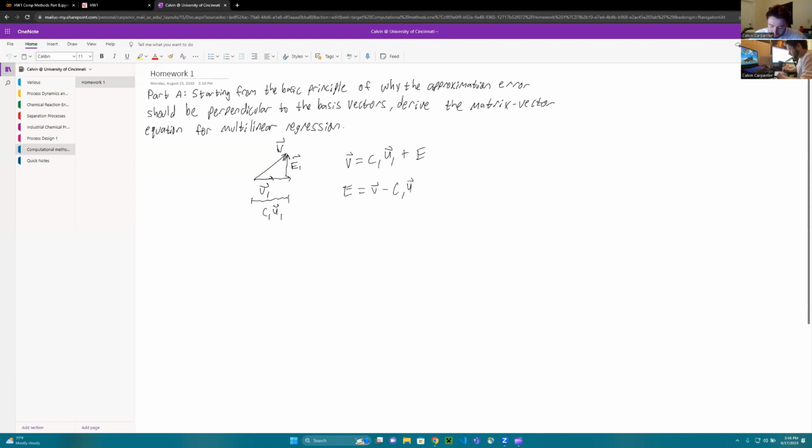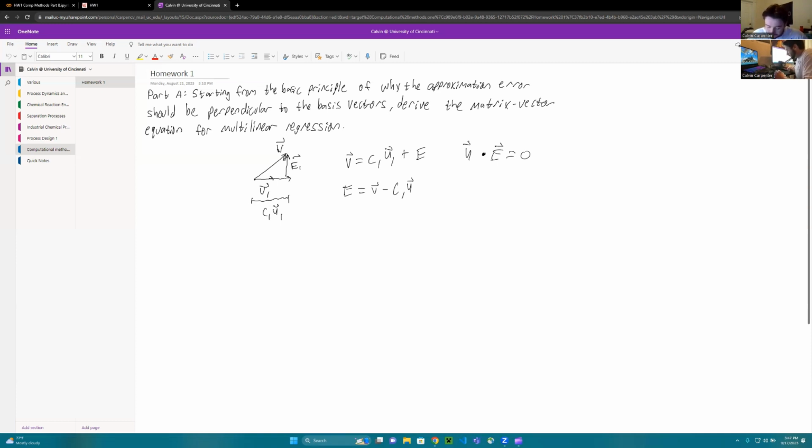And so another equation that we can derive from this is that your basis vector times your error is equal to 0. The dot product of your basis vector and your error is 0.